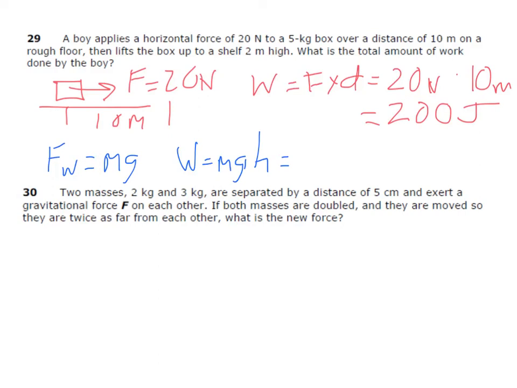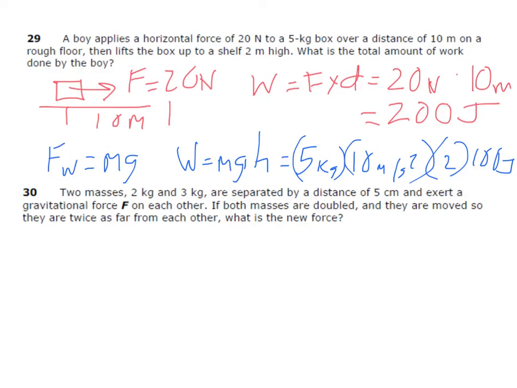So it's equal to the mass of the box, which is 5 kilograms, times 10 meters per second squared, times 2 meters. If we look at all of this, 5 times 10 times 2, we get 100 joules of work. We add those two together, and we get 300 joules. That's 200 plus 100 equals 300 joules of work done total.